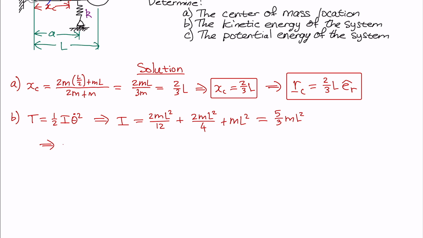So then our kinetic energy T is going to be equal to 1/2 times 5 over 3 mL squared times theta dot squared, or kinetic energy is equal to 5 over 6 mL squared theta dot squared.